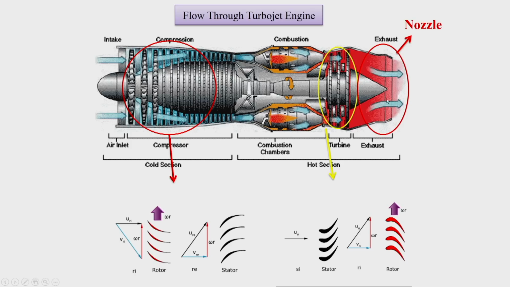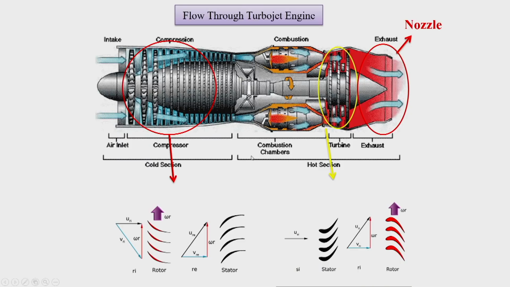So this is the nozzle. Then in the next chapters of the course we will be seeing the components of the aircraft engine, where we are going to see how velocity changes in its direction and magnitude, maybe in the compressor and maybe in the turbine.